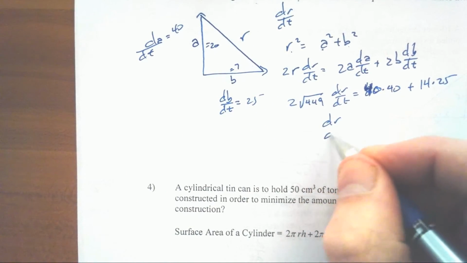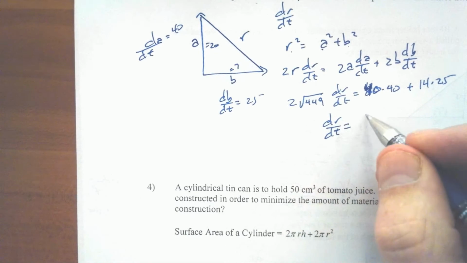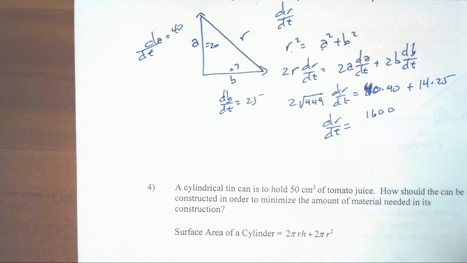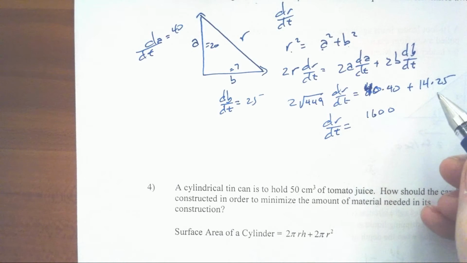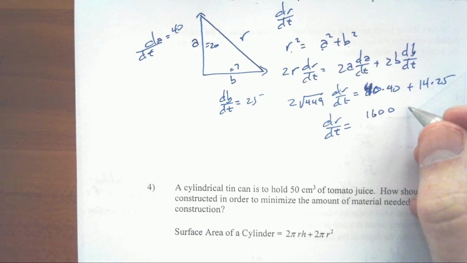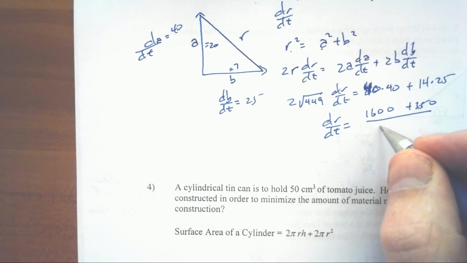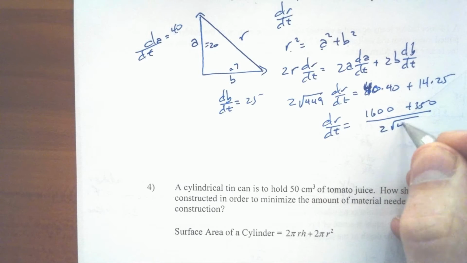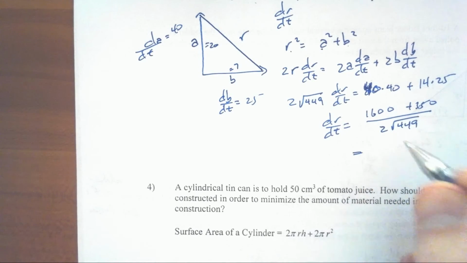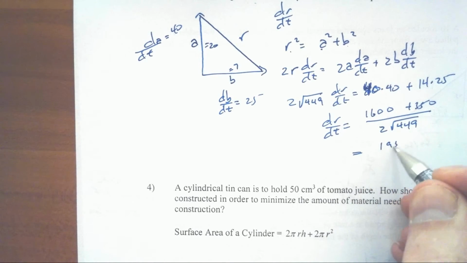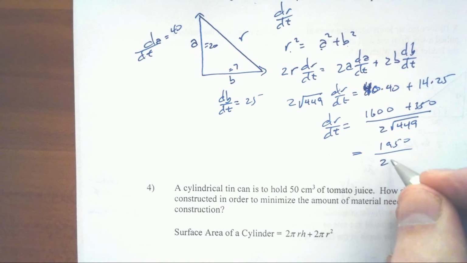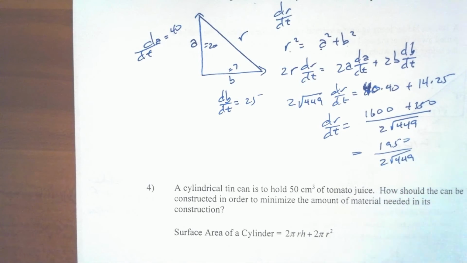So dR/dt equals 1600 plus, 14 times 25, embarrassing, 350, plus 350 on 2 root 449, or 1950 on 2 root 449.